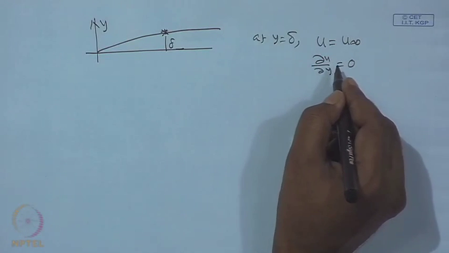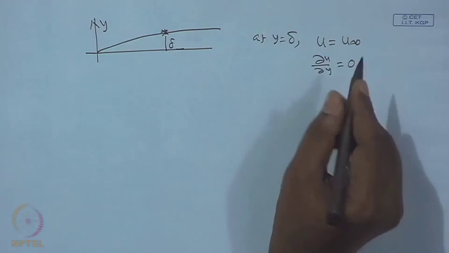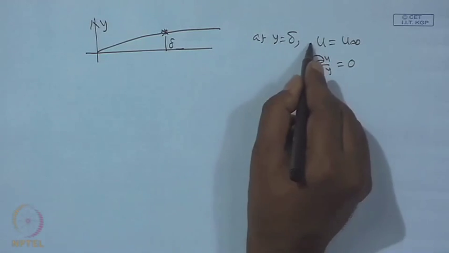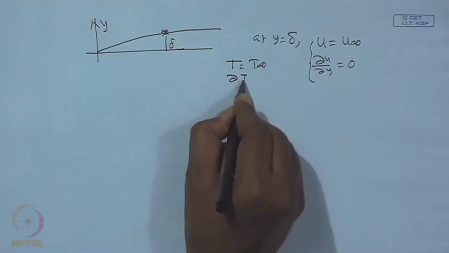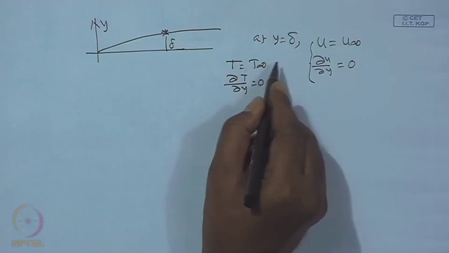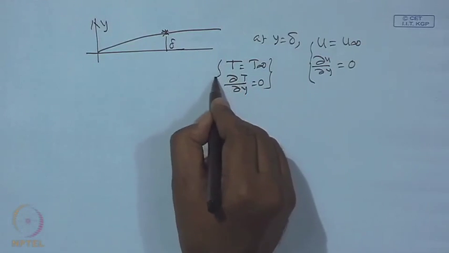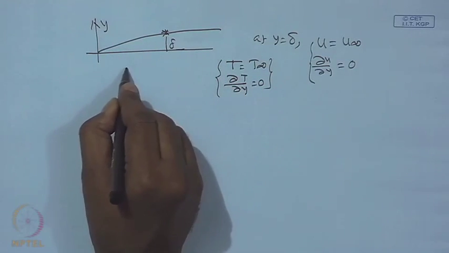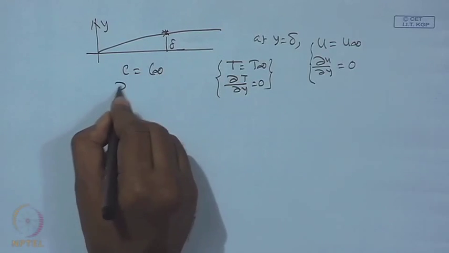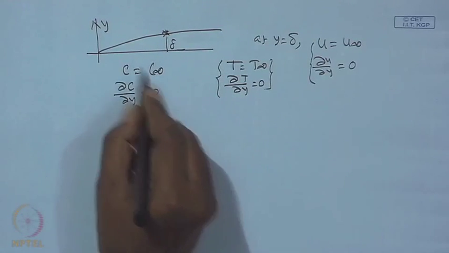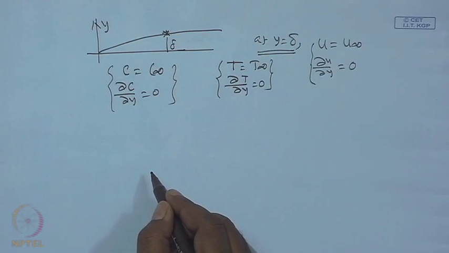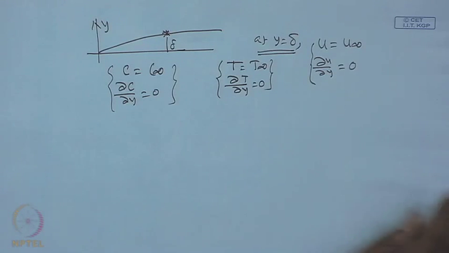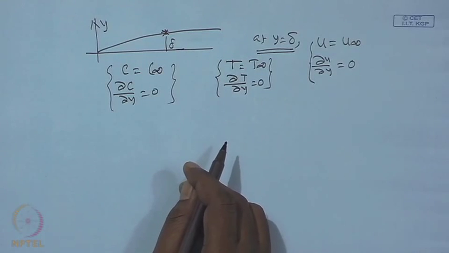The y gradient of velocity at the edge of the boundary layer must vanish. Similarly, at y equal to delta, T is equal to T infinity and del T del y must be equal to 0. That is for the thermal boundary layer. For the concentration or mass transfer boundary layer, C is equal to C infinity and del C del y must be equal to 0 at the edge of the boundary layer, or at y equal to delta. These conditions are compulsory and necessary, and they are called the boundary layer conditions.